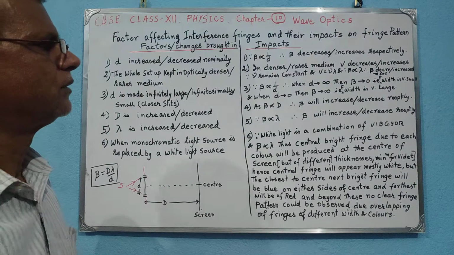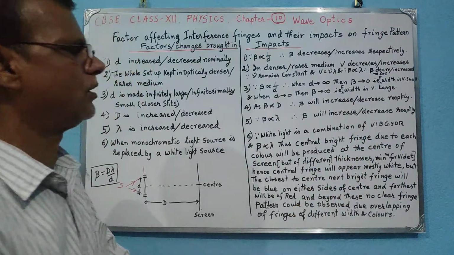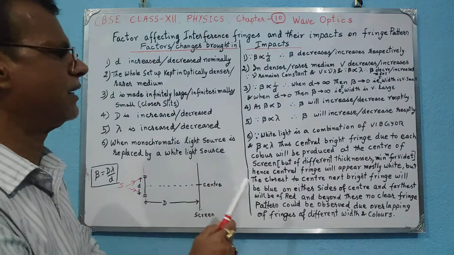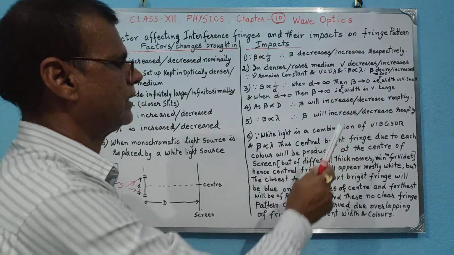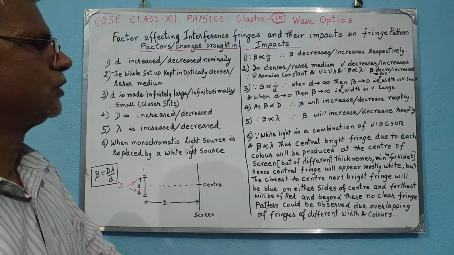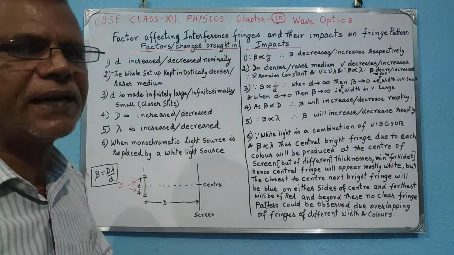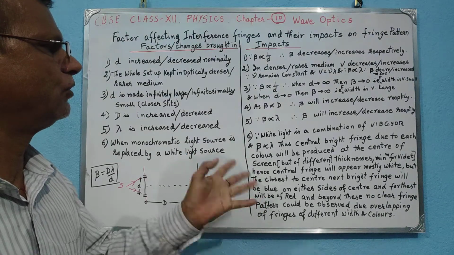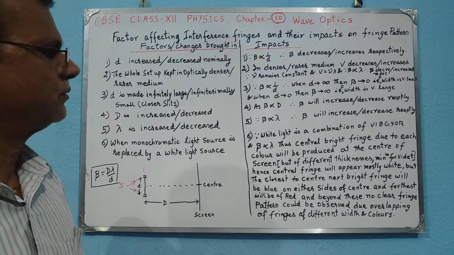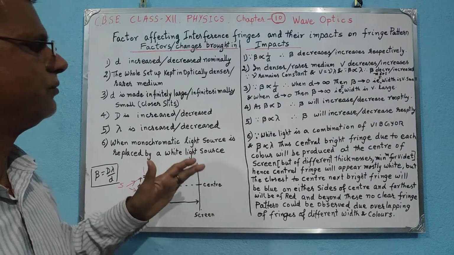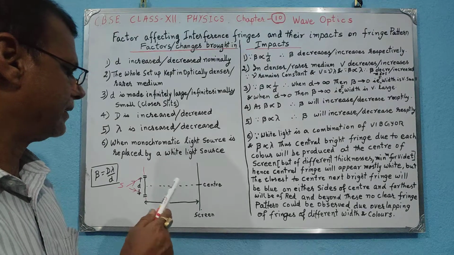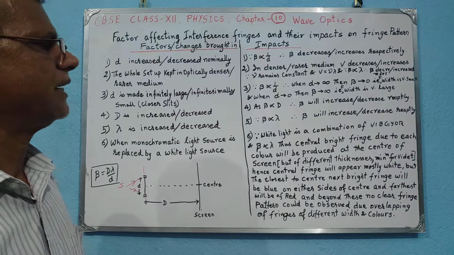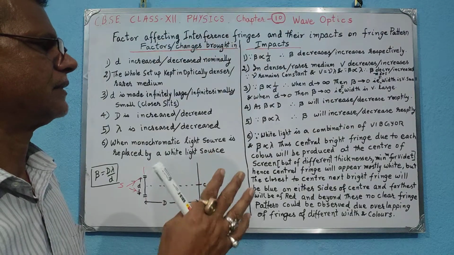Why do we say blue? We have violet and indigo already there. They should be much closer to the central bright fringe as compared to the blue, but blue brings the greatest impact on our eye, and so it will dominate the indigo and violet colors. Therefore the central bright fringe will be enveloped by the blue pattern, followed by green and red.